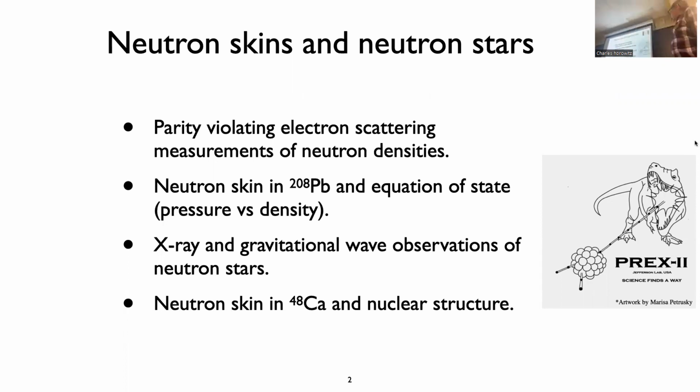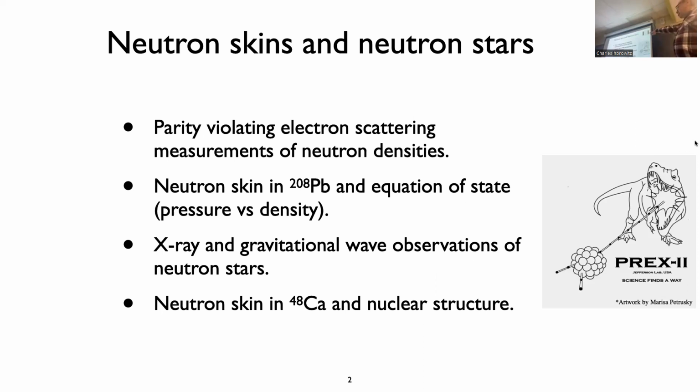Okay, so I'm going to talk about two parity violating electron scattering experiments which measure neutron densities. So I'll give you a little bit of an introduction. We'll talk about neutron densities and we'll talk about nuclear density. Where did 0.16 nucleons per cubic Fermi come from?